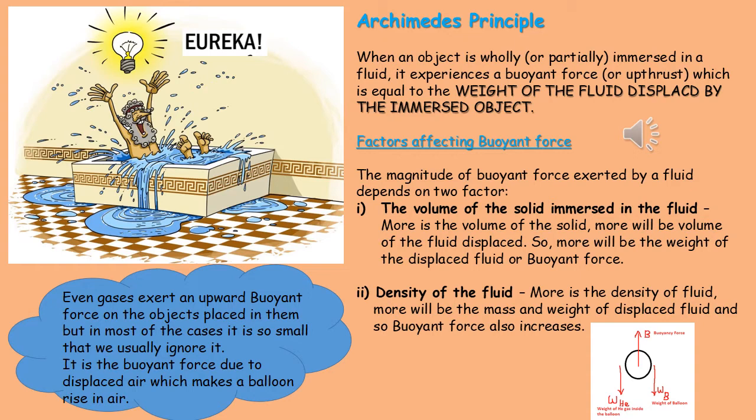The second one is density of fluid. More is the density of fluid, more will be the mass and weight of the displaced fluid. And according to Archimedes' principle, the weight of the displaced fluid is equal to buoyant force. So, more the density, the buoyant force will increase.